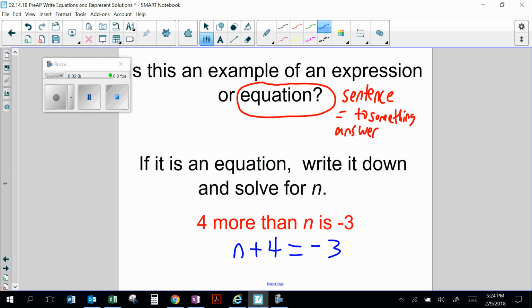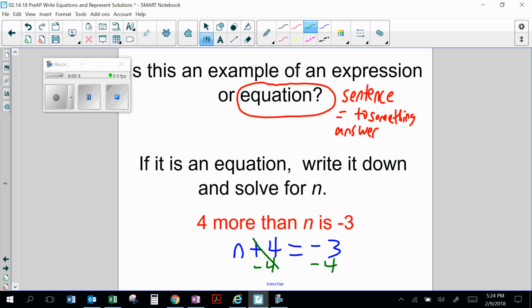You may solve this with algebra tiles, or with drawing, or you may solve this algebraically. So this is n. Is this variable isolated on the left side of the equation? It is not. How are you going to get rid of +4? The inverse is -4. Again, I have to balance it on both sides.